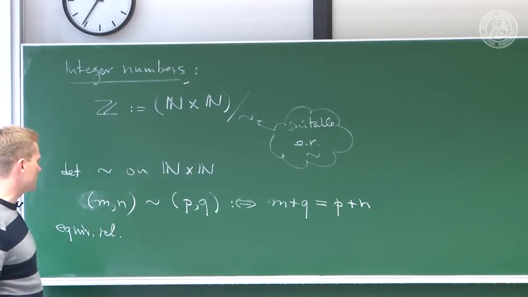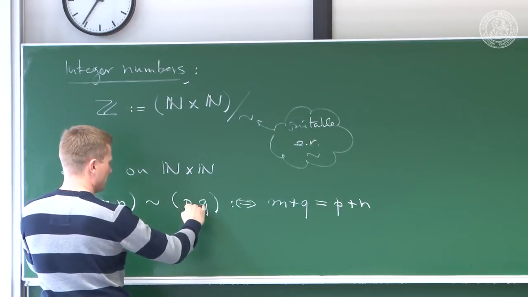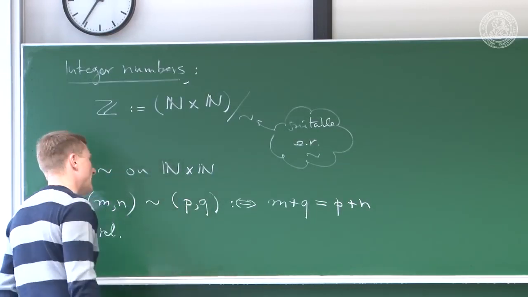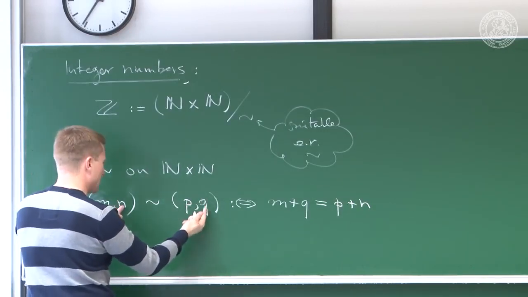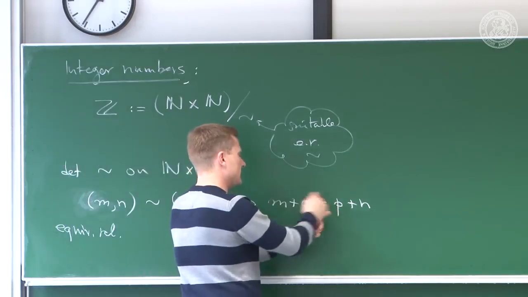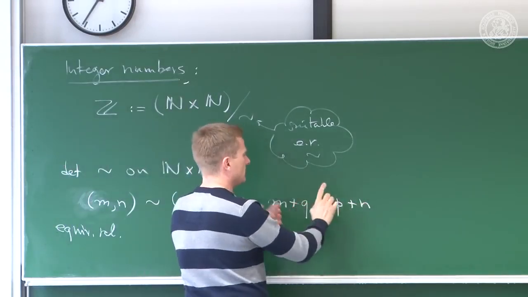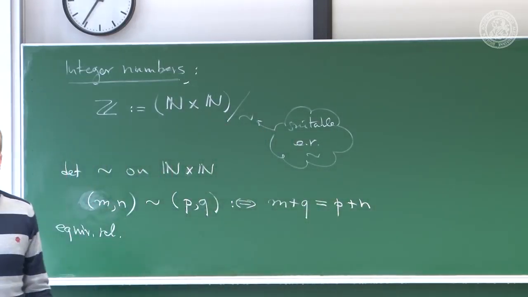So what about symmetry? If M, N equivalent P, Q, is then P, Q equivalent M, N, where you have to swap M and P, and at the same time you've got to swap N and Q. If you swap M and P and at the same time N and Q, then it's just the sides of this equation that are swapped, which is obviously still the same equation.